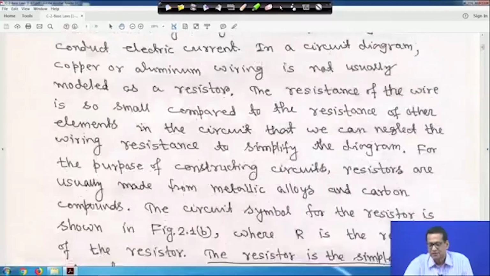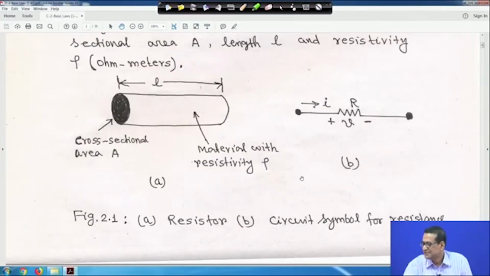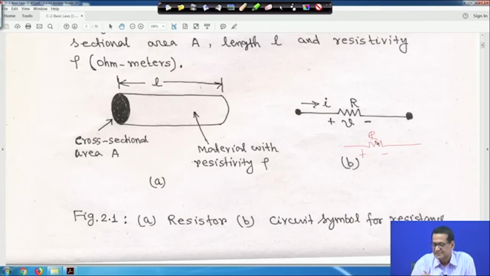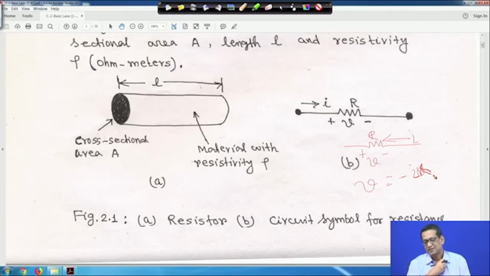Let me explain for your understanding. Say this is plus, this is minus, this is my resistance R, and if the direction of the current is like this, I, and this voltage is V, then V will be equal to minus IR, because current is flowing from lower potential to higher potential, right.